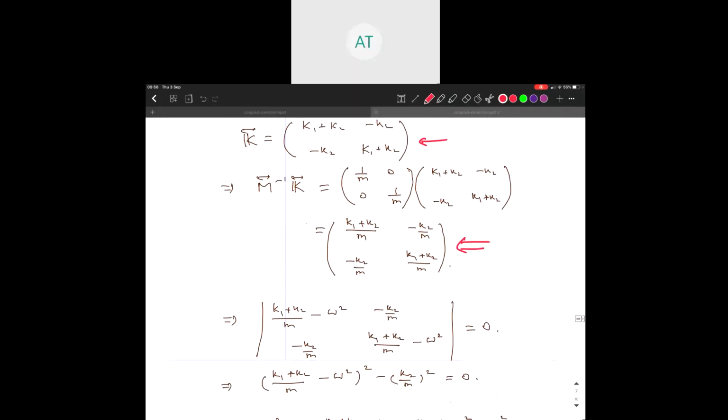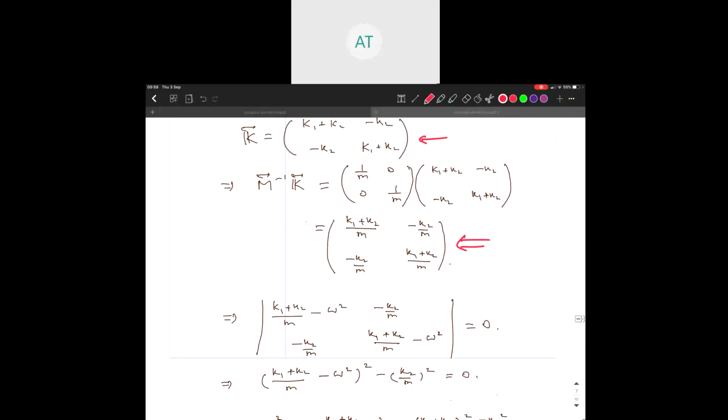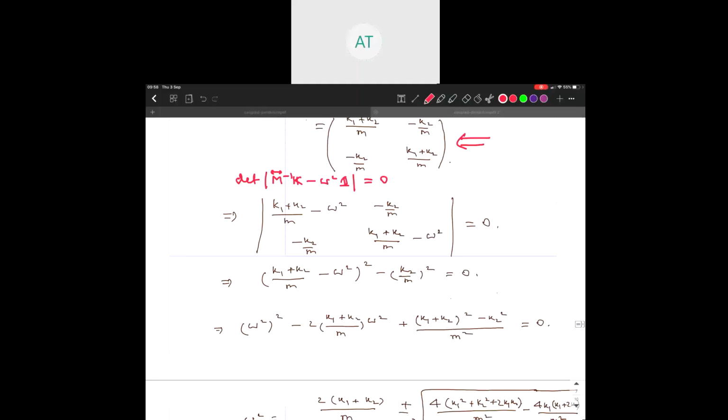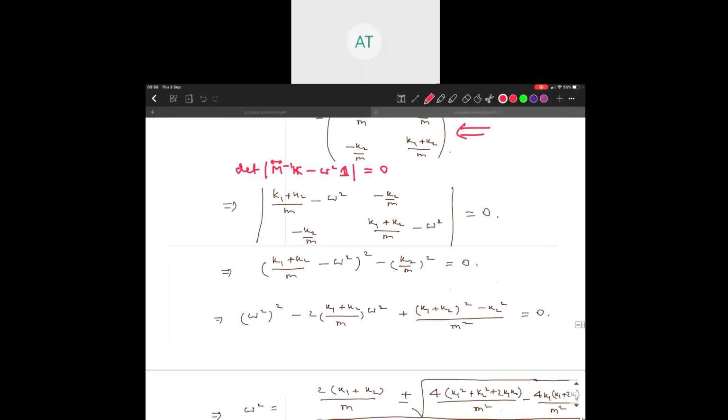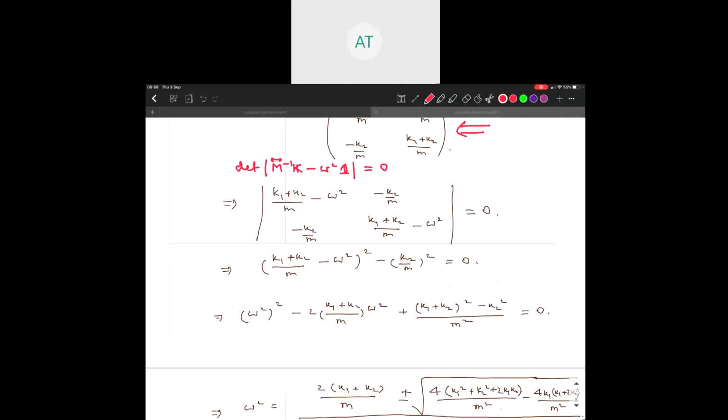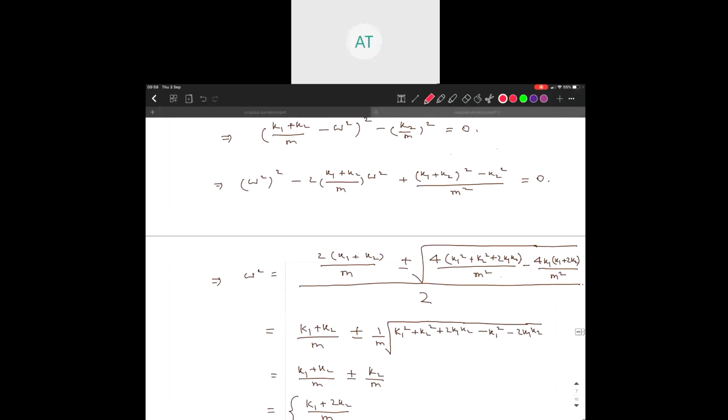And thus the determinant of M inverse K minus omega square identity equals 0. This will imply the following determinant equation, and that will lead us to a quadratic equation in omega square, as shown here, and accordingly omega square would be given by the following two numbers, right?